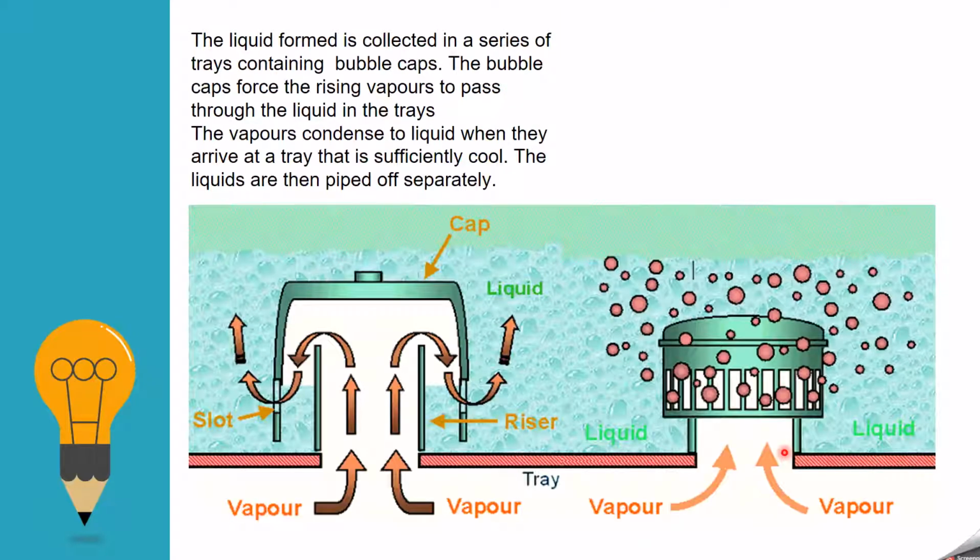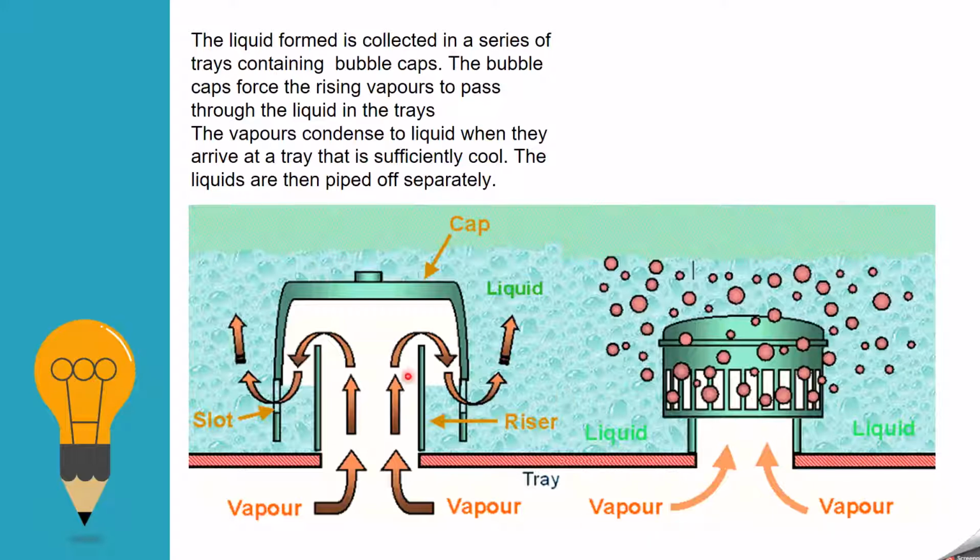The liquid formed is collected in a series of trays containing bubble caps, which force the rising vapors to pass through the liquid in the trays. The vapors condense to liquid when they arrive at a tray that is sufficiently cool, and the liquids are then piped off separately.